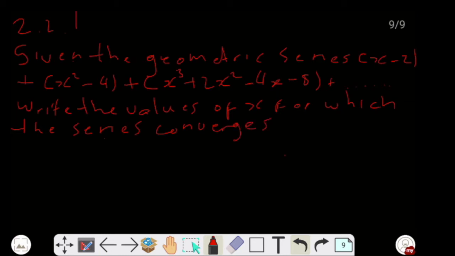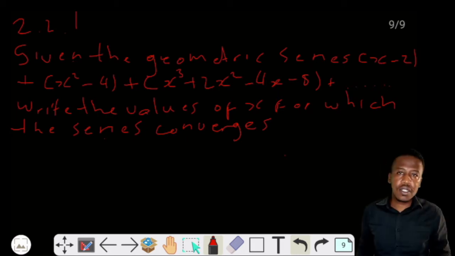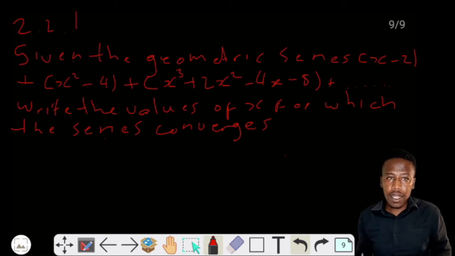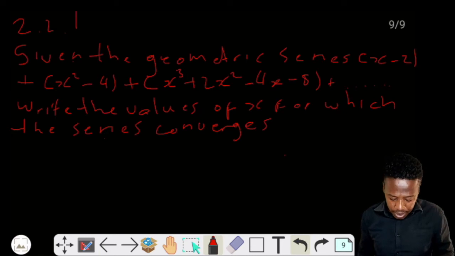Now we've looked at different formulas when we started this lesson. Now this is a different one, right?